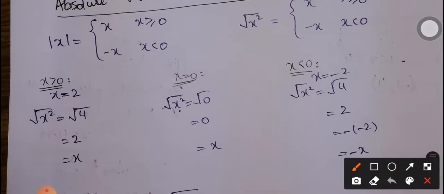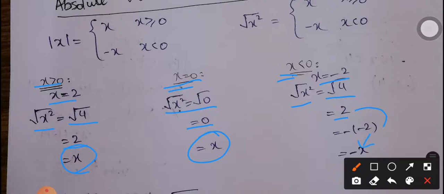If I take x to be positive, that is x equal to 2, then the square root of x squared is the square root of 4, that is 2, and the answer is equal to x. For x equal to 0, the square root of x squared is the square root of 0, the answer is 0, which can be replaced by x. Now for x less than 0, a negative number, suppose x is equal to minus 2. x squared is going to be 4, and the square root of x squared will be the square root of 4, which is 2, and now we can write this 2 as minus times minus 2, that is, minus 2 is replaced with x, so minus x.